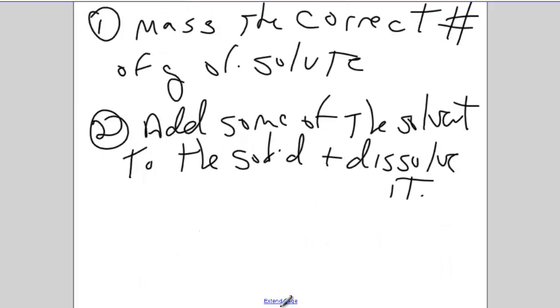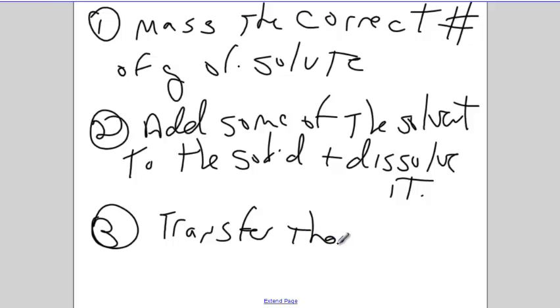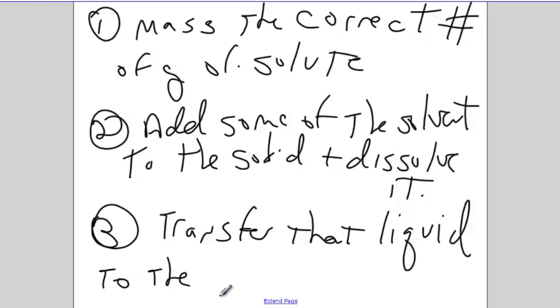Then, very carefully, using a funnel probably, transfer that liquid to the volumetric flask.